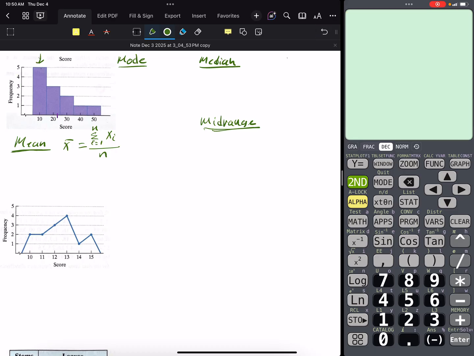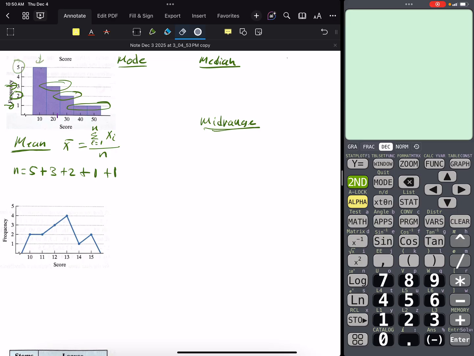And so I see this first bar has 5 data points in it. And so n equals 5 plus my second bar has 3 data points in it. So 5 plus 3 plus 2 plus, and then I have 2 bars at 1. And so 1 for the first bar, 1 for the second bar.